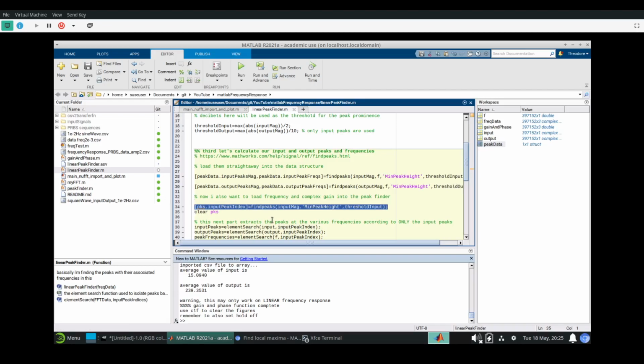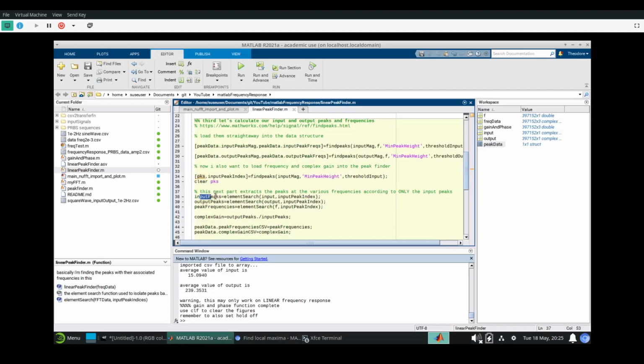This next part tells me where I want to capture the frequency response data. So I will have this thing called input peak index to store where I want all these peaks, based on input magnitude, minimum peak height, and the threshold of the input. Then you have the input peaks and the output peaks, and the peak frequencies.